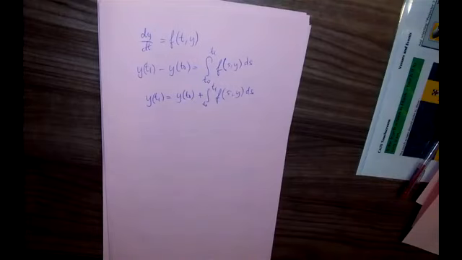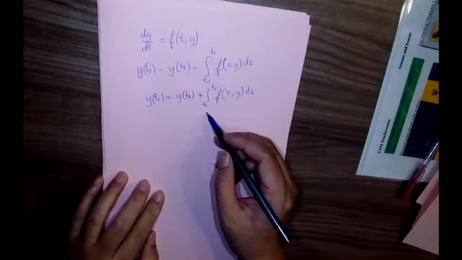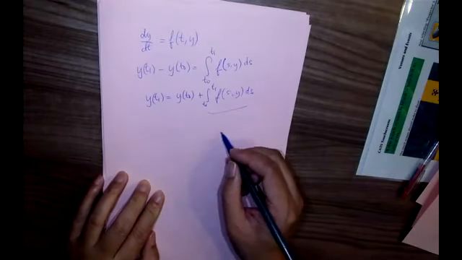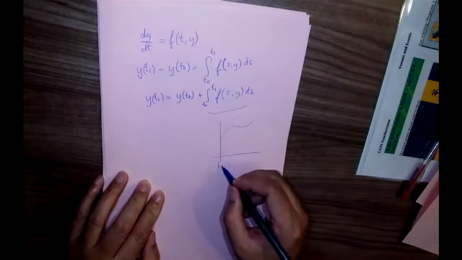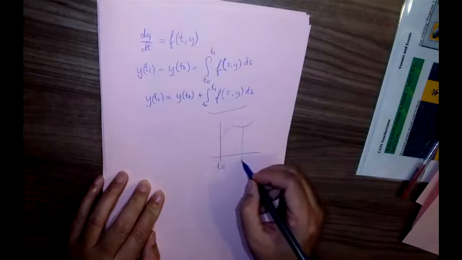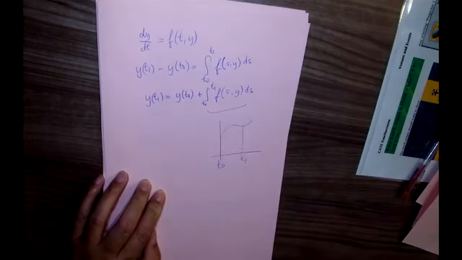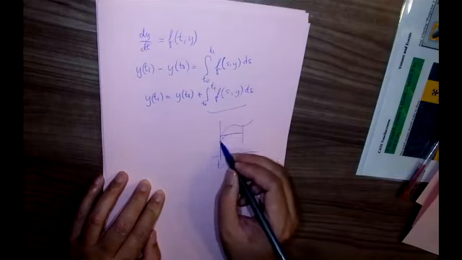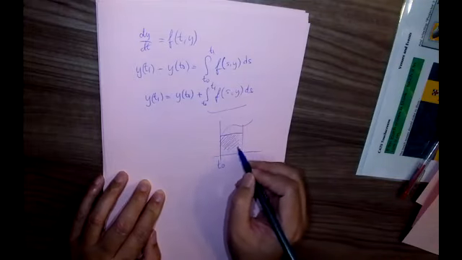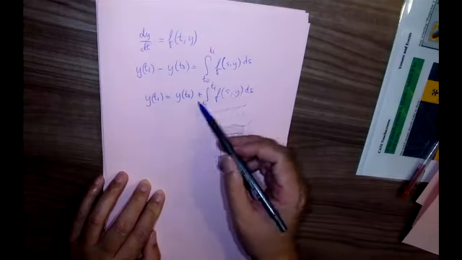And now, this one is an integral, right? So the integral is from t0 to t1. And you can approximate this integral by taking a quadrature.